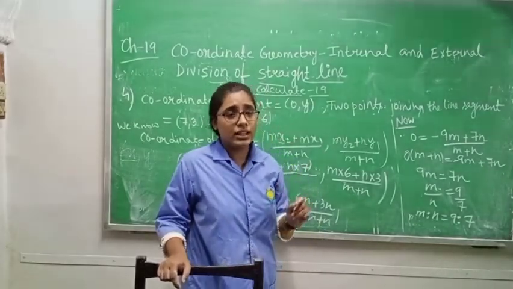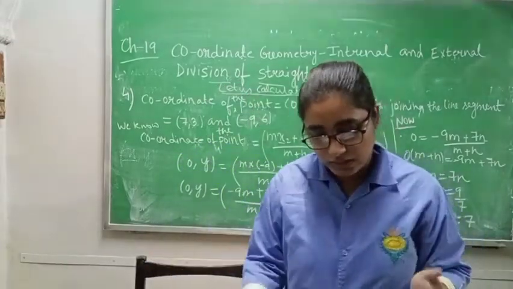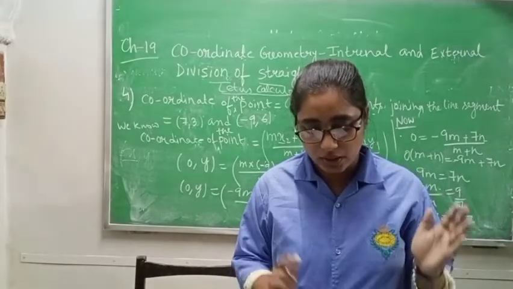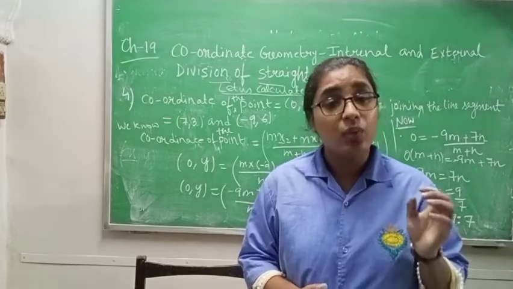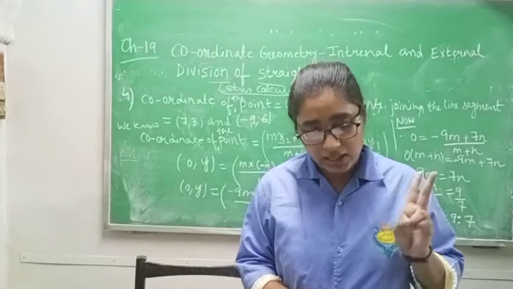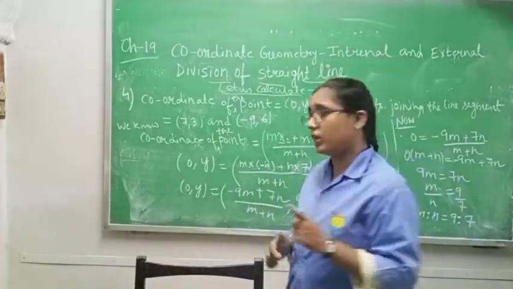When two points are given to you in this question, let us calculate in what ratio the segment joining the points 7, 3 and minus 9, 6 is divided by the y-axis. So 2 points are already given to you which are joining the line and it is divided by y-axis. It means that x will be 0.